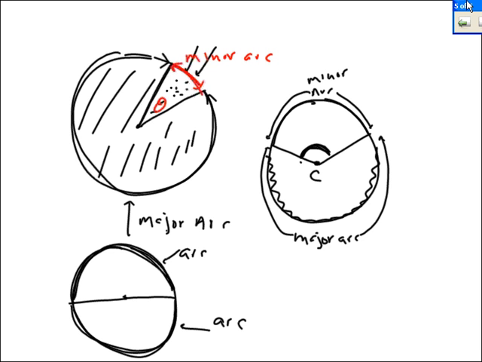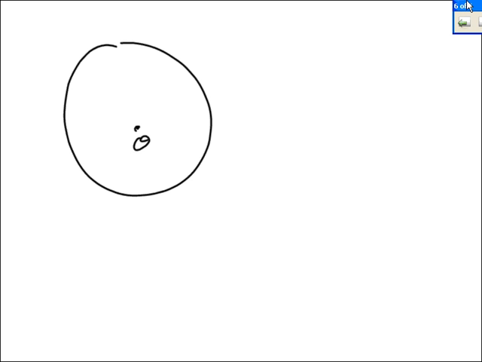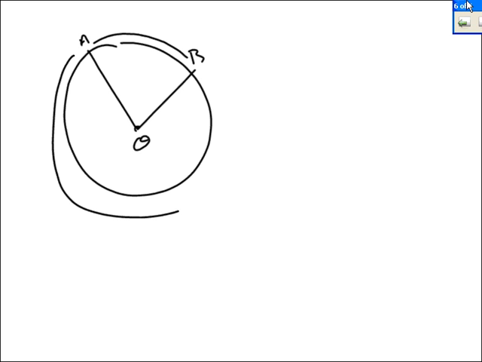Now, if I draw an angle, how do you know which arc we are talking about? Here's the center, O. I go like this, from A to B. Now there are two arcs. There's that arc and the big arc, the major arc.